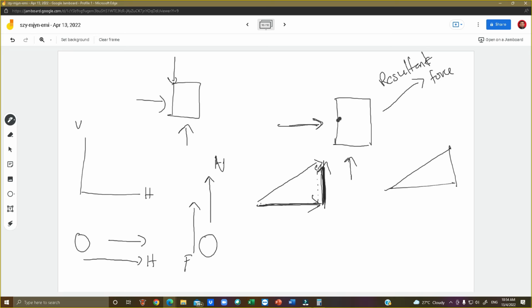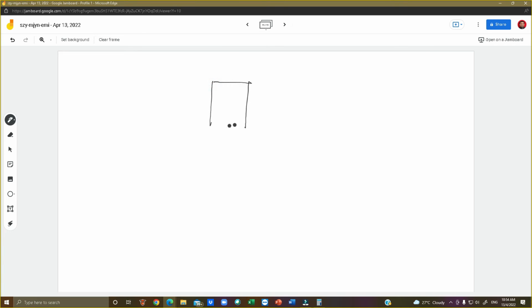So the question is, how about the weight? The weight will follow this. We have an object, and we give it a force like this. This force includes both a horizontal component and a vertical component. So the object will move that way.